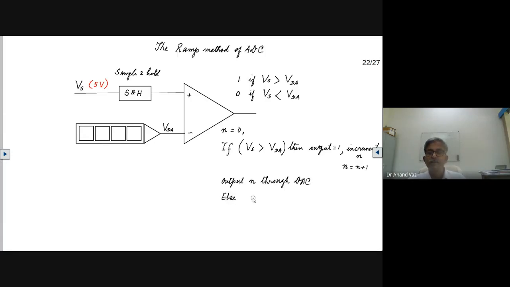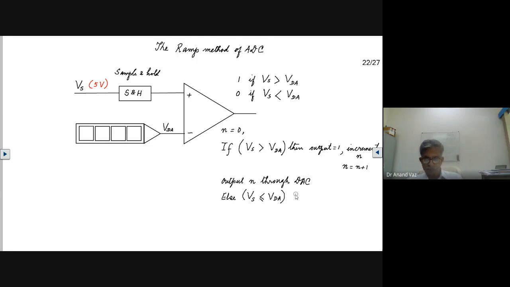Otherwise, VS is either less than or equal to VDA. This is the other condition.